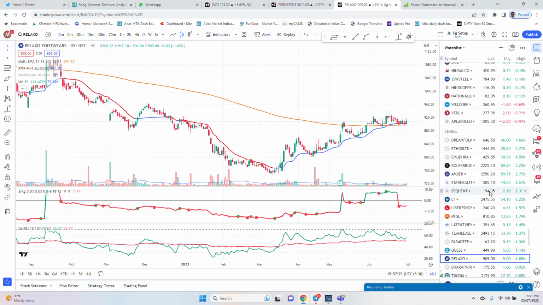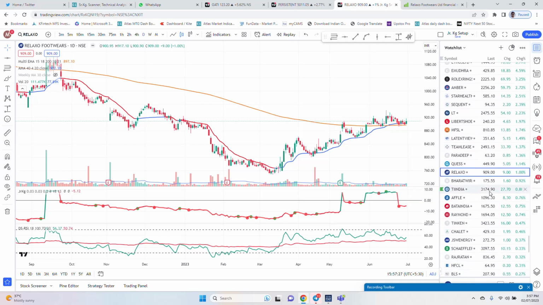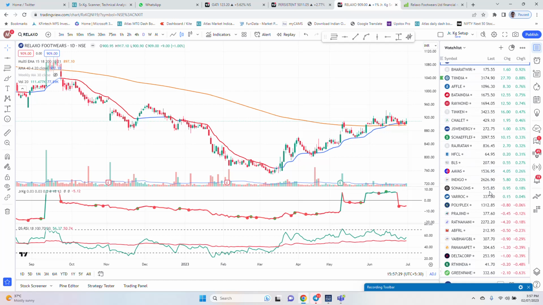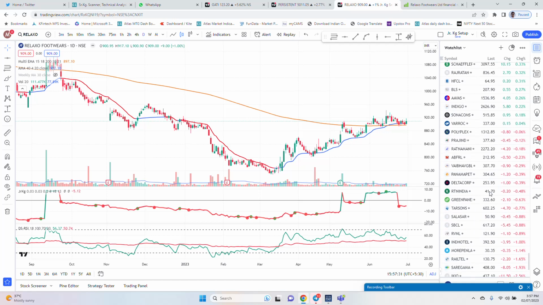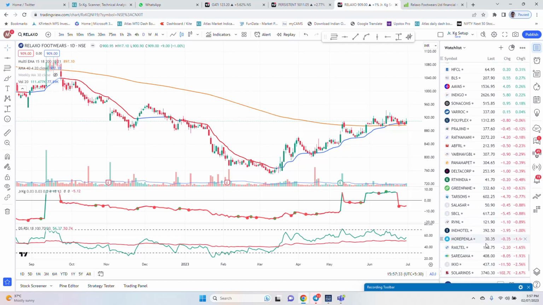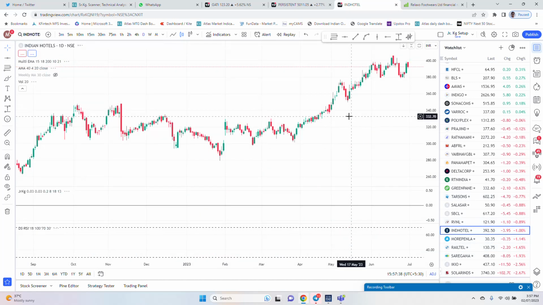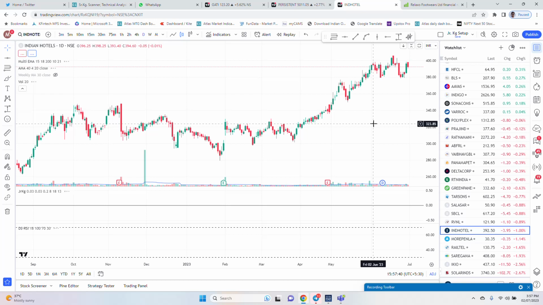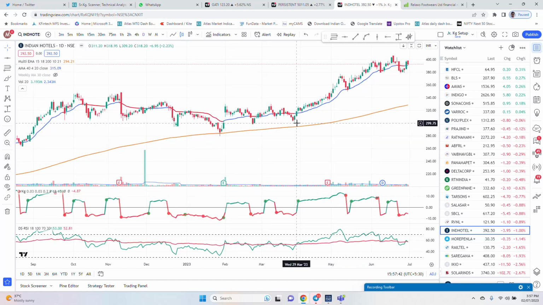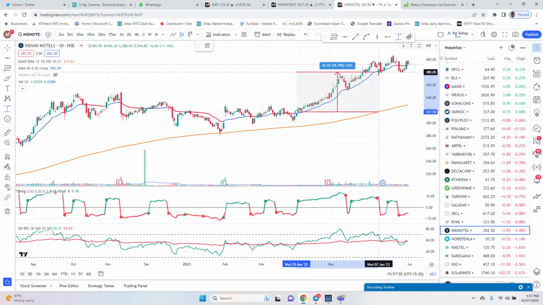If I want to show you the exit of any stock, this is one. If you see here, Indian Hotels, if you enter here and sit tight till here, that is 20%.